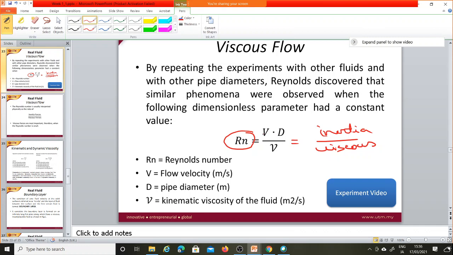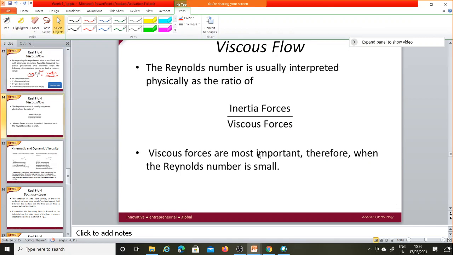V is the flow velocity, D is the diameter of the pipe. It can be a length, a single characteristic dimension, so it could be D, it could be L, in units of meters. And mu is the kinematic viscosity. As I said, the Reynolds number physically is a ratio of inertia force and viscous force.